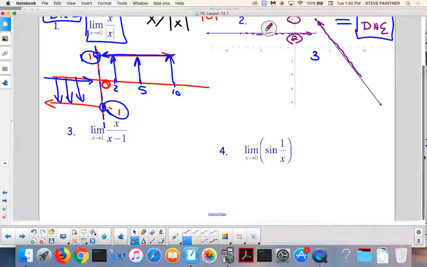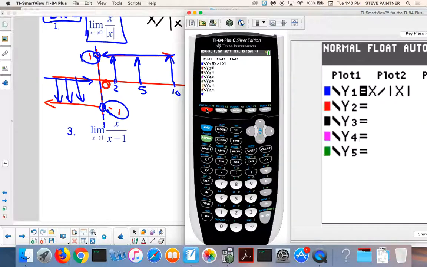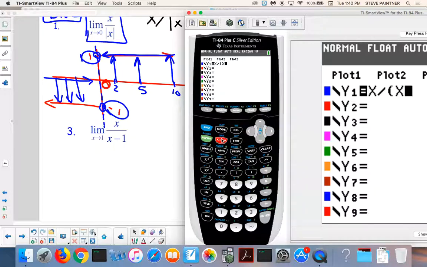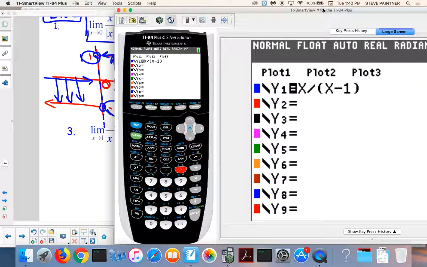Okay? Try that one. This one's not graph for you, so graph it with your calculator. See what happens. So what was the secret in this one?